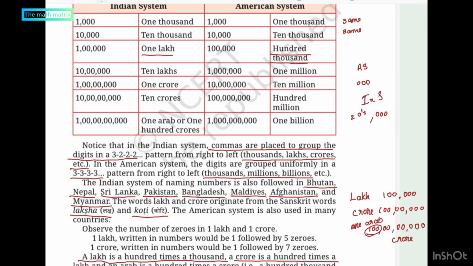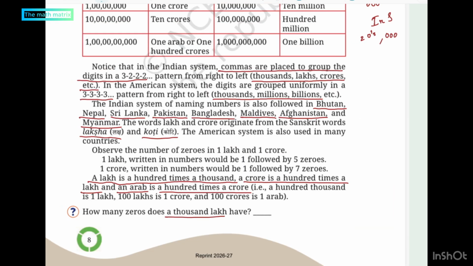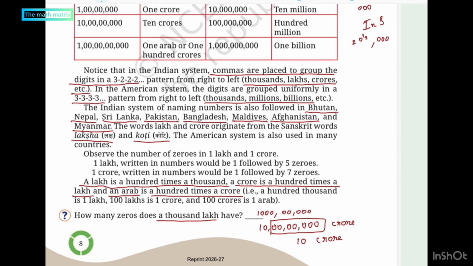A crore is 100 times a lakh, and an Arab is 100 times a crore. Here is a question: how many zeros does a thousand lakh have? First write thousand, and in lakh we have five zeros, so put five zeros. So how many zeros are there? There are 5 plus 3, 8 zeros.